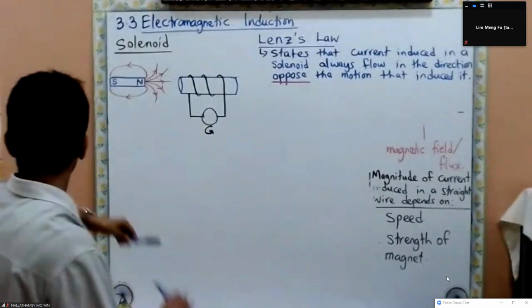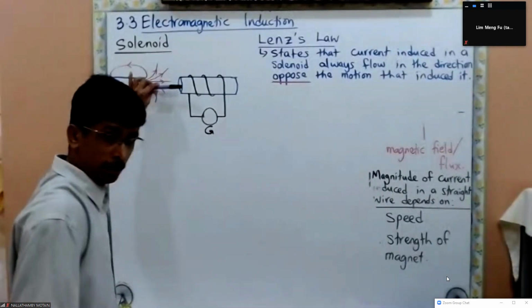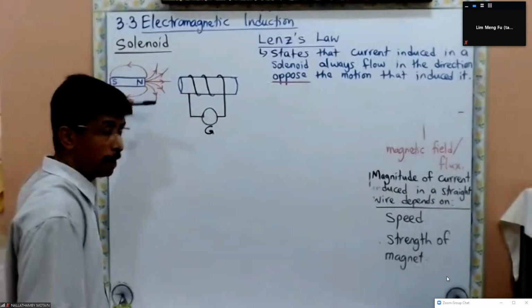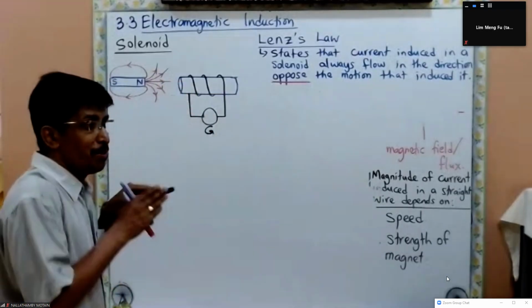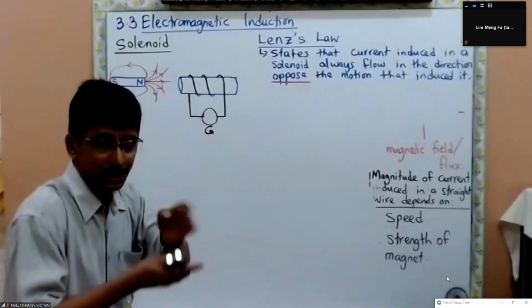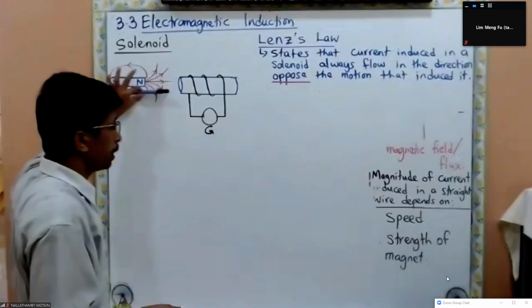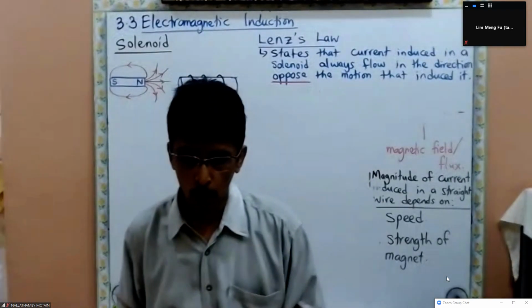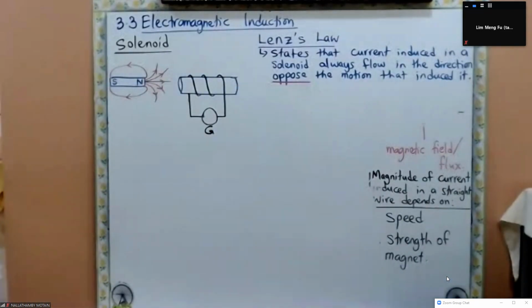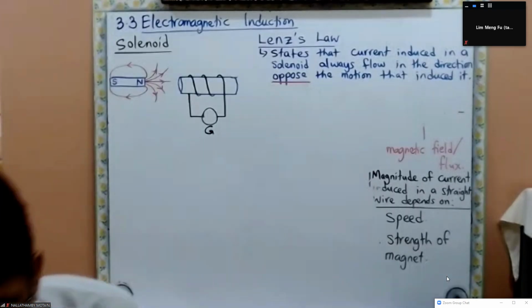That means the movement of the magnet into the solenoid. Remember, the movement of the magnet into the solenoid will cause the magnetic field being cut. So the movement of the magnet must be opposed.